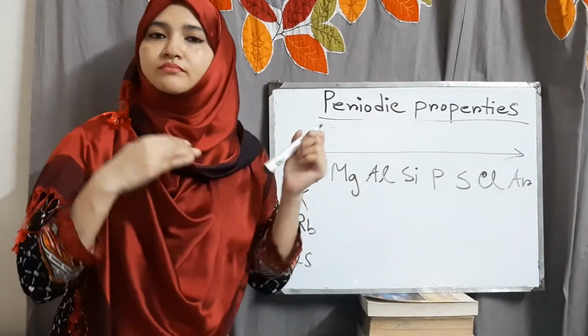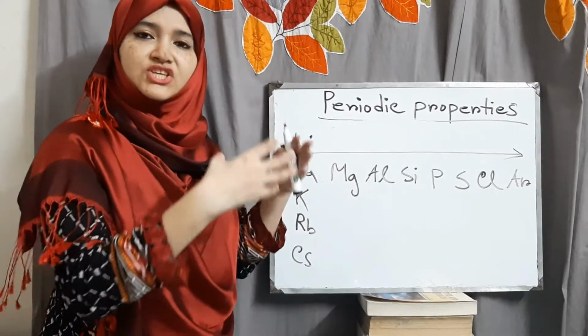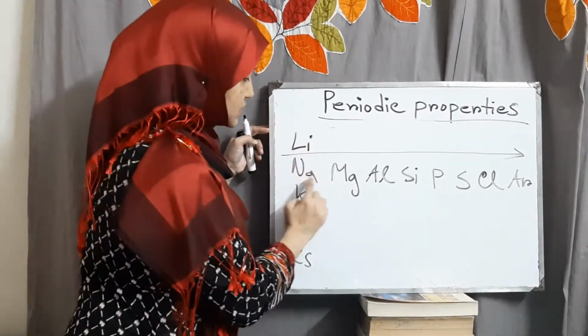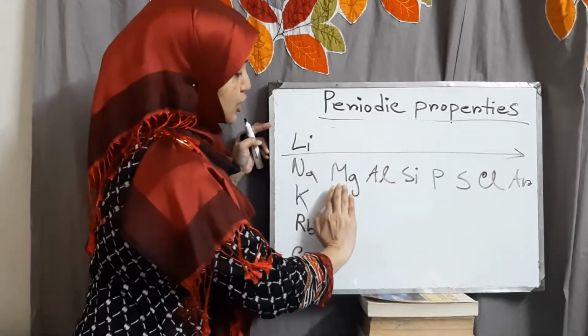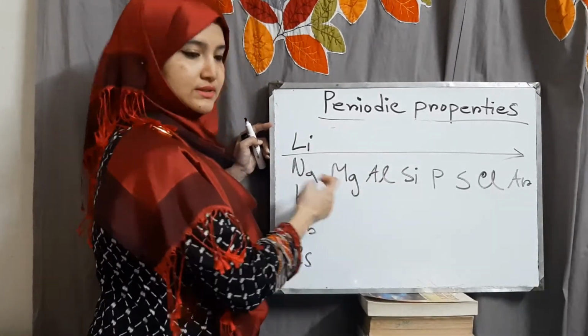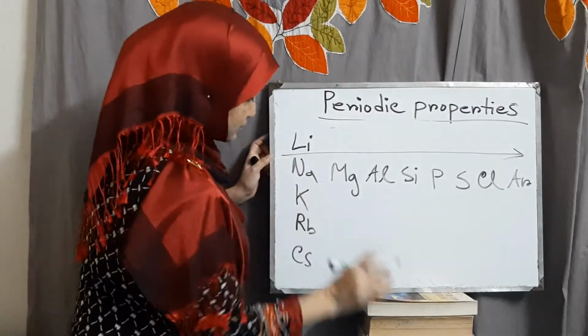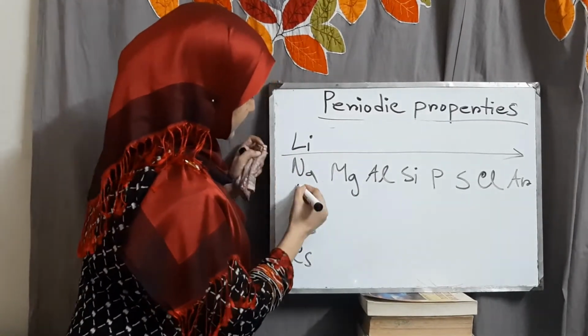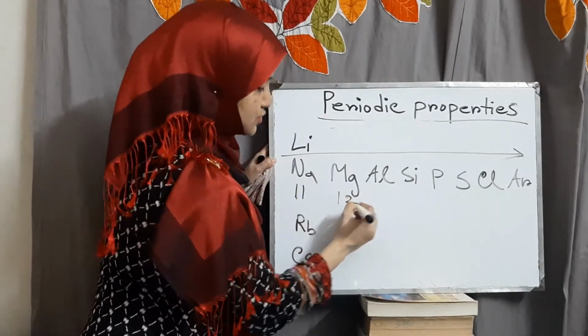But if we go from left to right, each element has one more electron than the last one. Sodium's atomic number is 11, magnesium is 12.